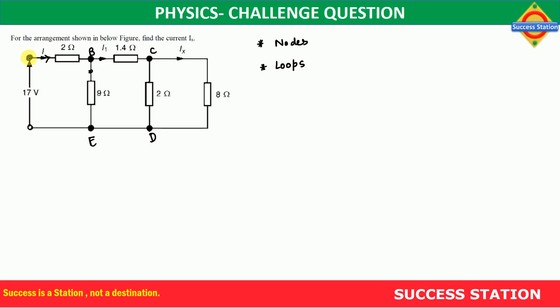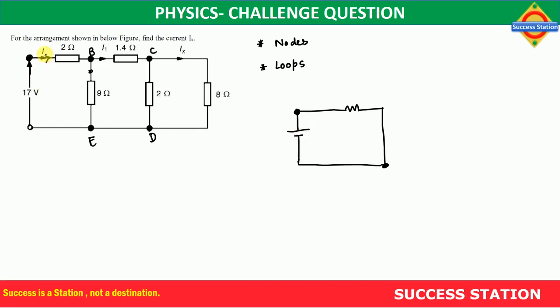This is also a node, right? Because if we construct like this, this wire and this wire are joined over here, so this becomes a node. Now, if I redraw this, can I draw like this? Why did I draw positive over here?